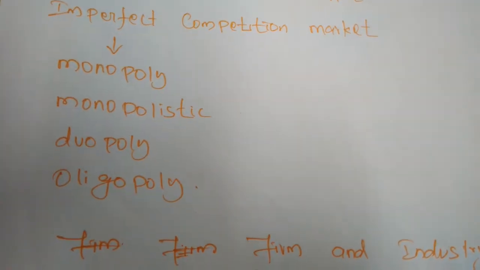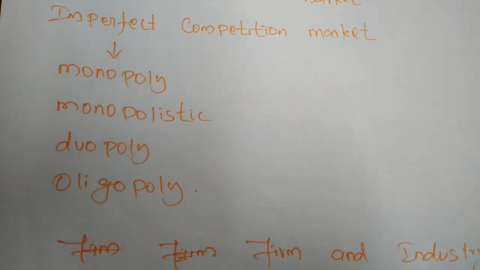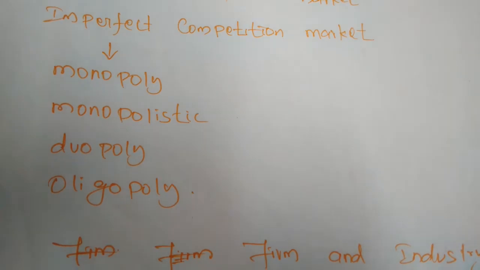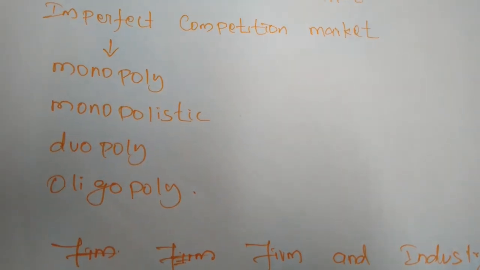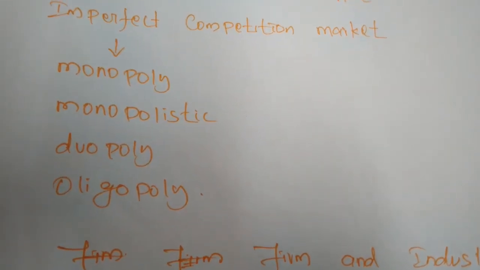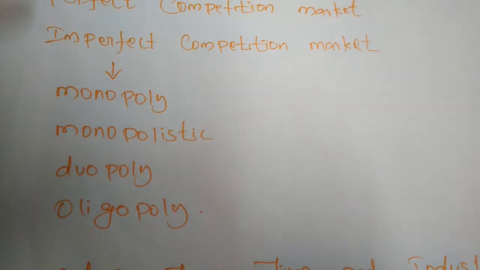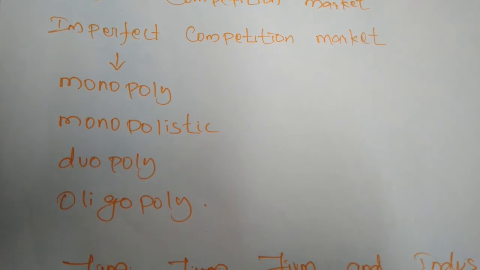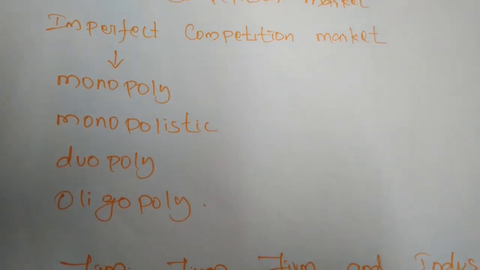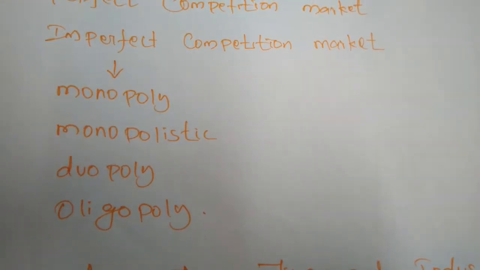Next, the monopolistic market. In a monopolistic market, only a single line of product will be sold by the producers. Monopoly means only one seller will be there, but he is able to produce many commodities.